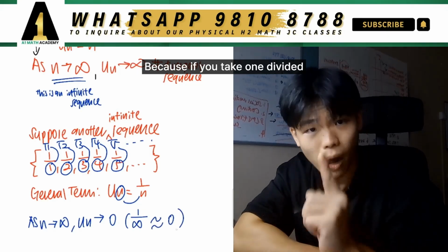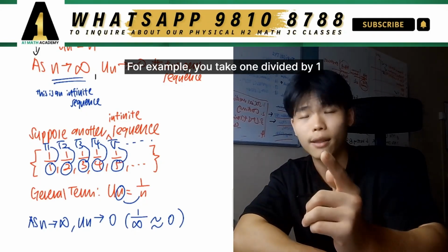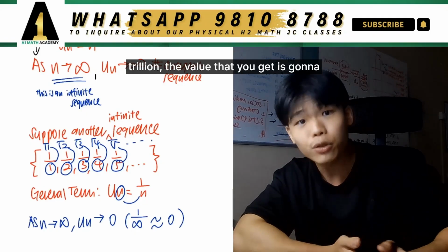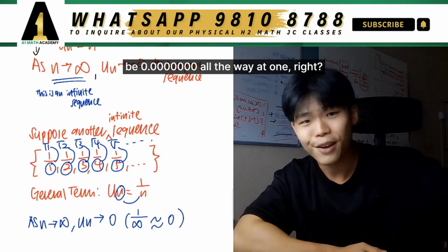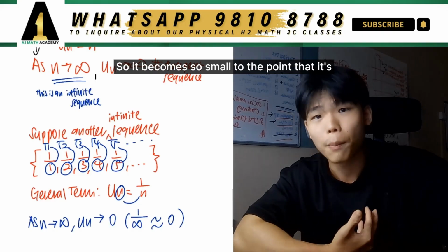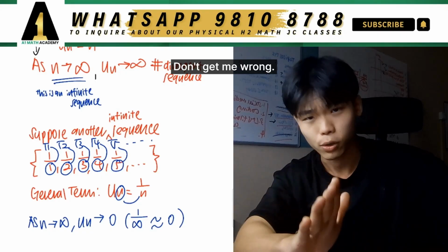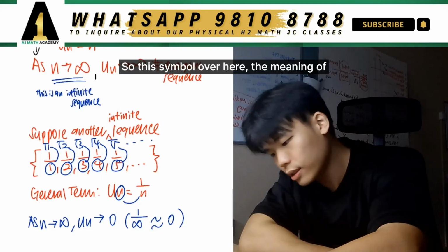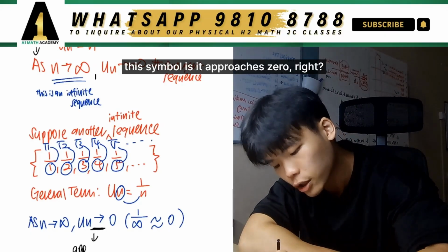If you take 1 and divide by a humongous number, for example 1 trillion, the value you get is 0.000000000 all the way to 1. It becomes so small that it's as good as 0, but it's not exactly 0, don't get me wrong. It's almost 0. The meaning of this symbol is that it approaches 0.